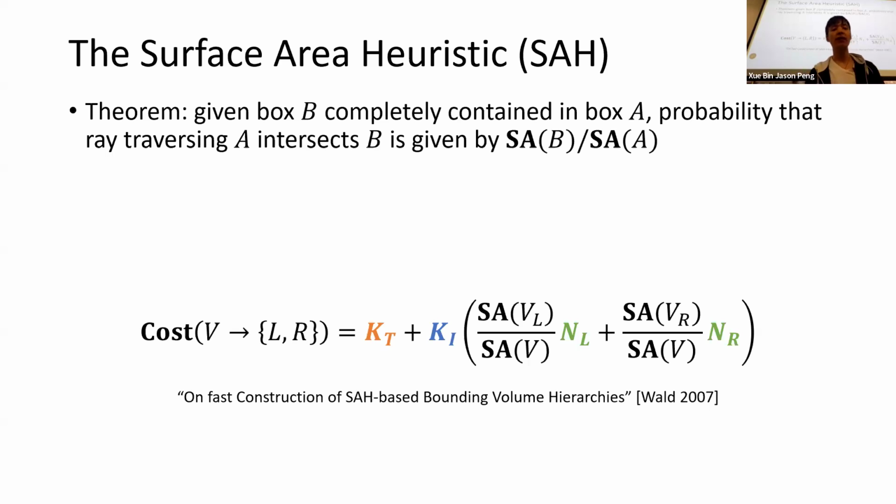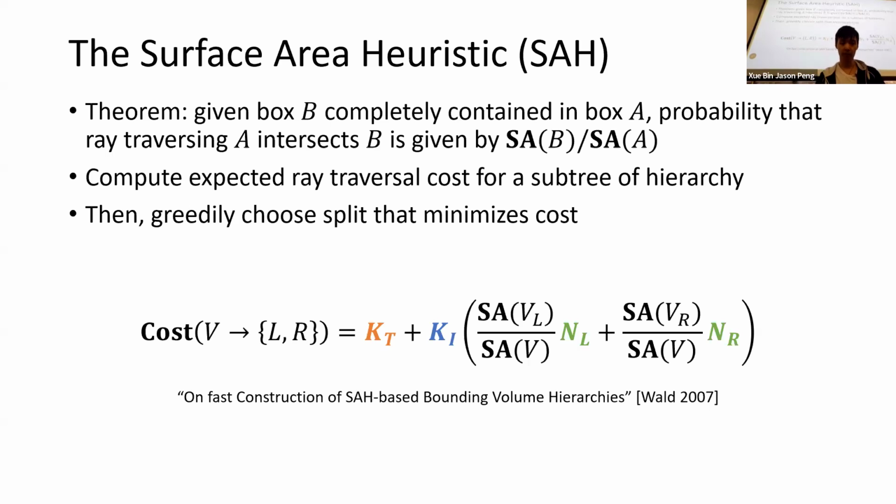And the way that we apply this cost function is that we take a parent bounding volume and we have some heuristics that propose possible partitionings of that bounding volume. So you might use, let's say, the median heuristic or the center heuristic. So we want to generate a bunch of possible partitionings of the bounding volume.